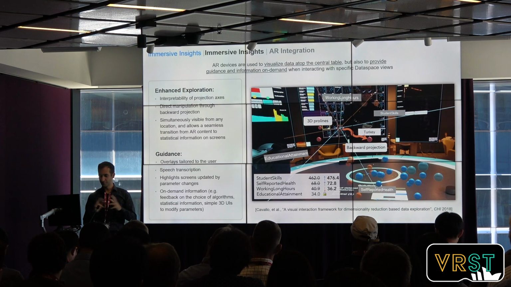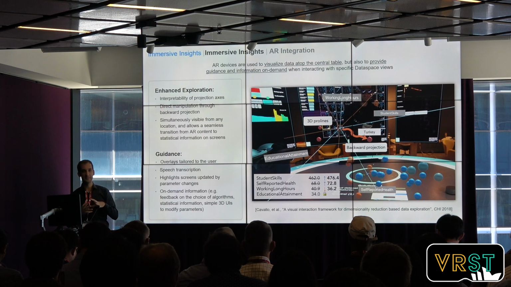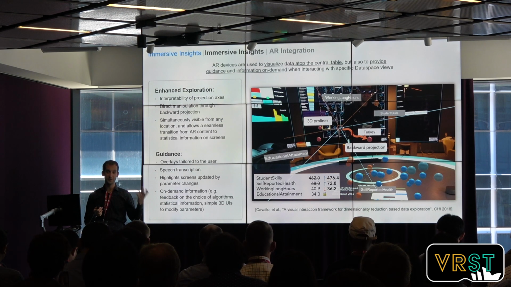Another convenient AR/VR application that we had is the backward projection. The idea is that I can air tap or select a data point, drag it into space, and see how its feature values would have to be modified in order to accommodate this change.